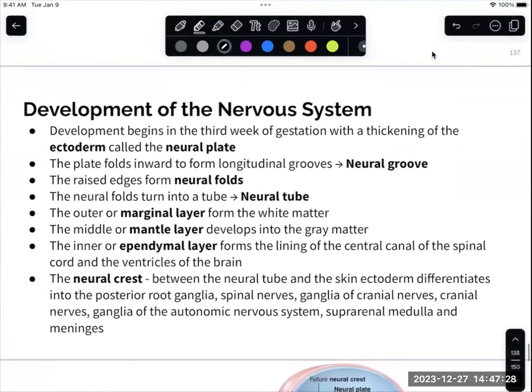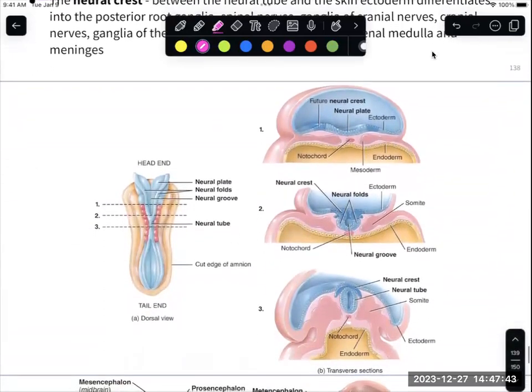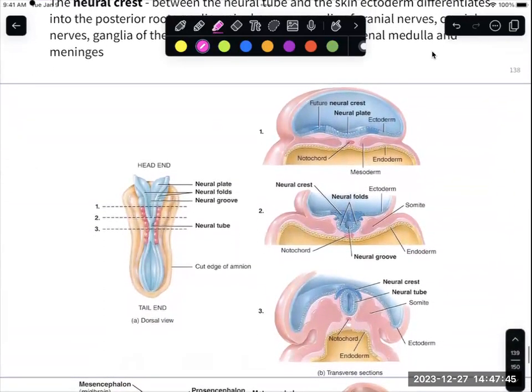So our nervous system comes from that ectoderm. That ectoderm forms that neural plate. So here we form this neural plate, this neural crest. This is all part of that ectoderm. It's going to fold in and make this neural fold.